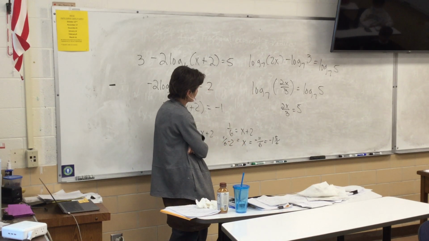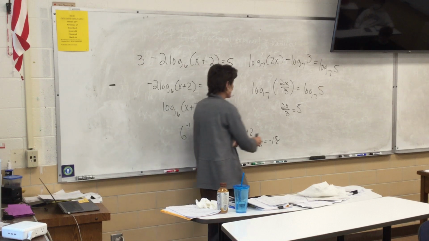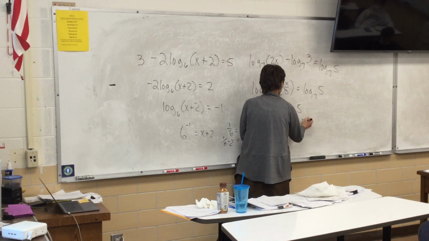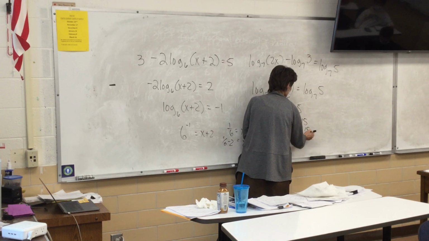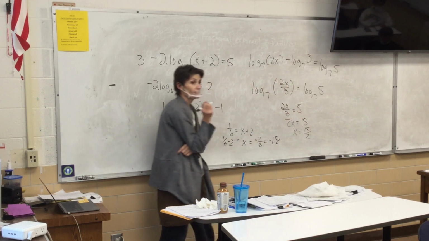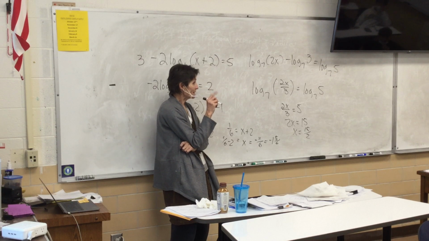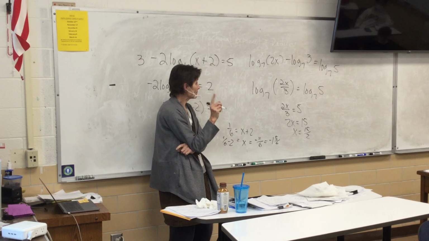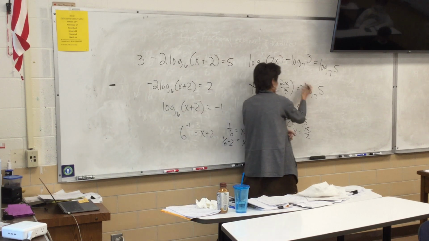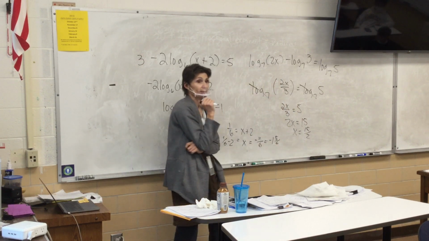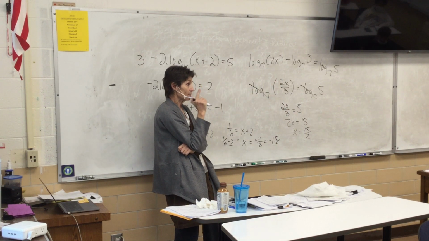Alright, so 2x over 3 equals 5, so 2x equals 15, and x equals 15 halves. Now, I want you to notice something. When did I drop the logs? I absolutely dropped these out of the problem, but I didn't do it at the beginning.